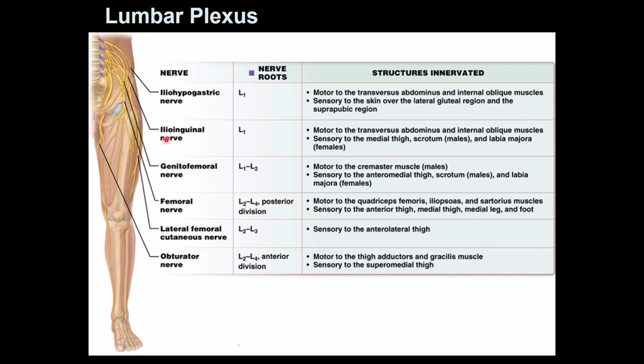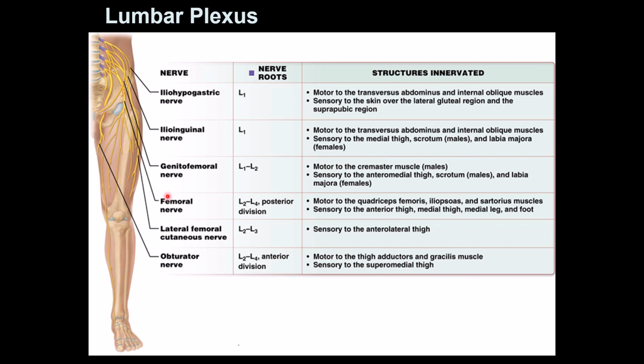The motor innervation of the ilioinguinal is the same as the iliohypogastric. The genitofemoral also innervates the cremaster muscle, mainly in males, and let's not talk about it for now because it's not part of this chapter, so let's leave it for ANP2.